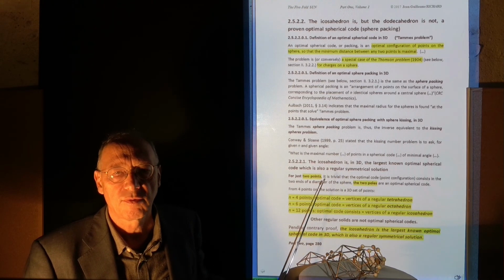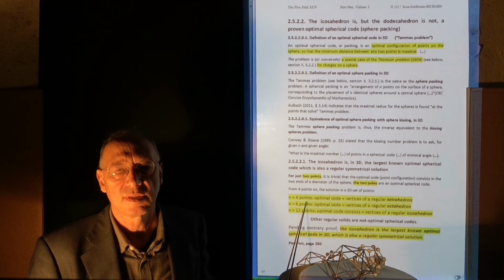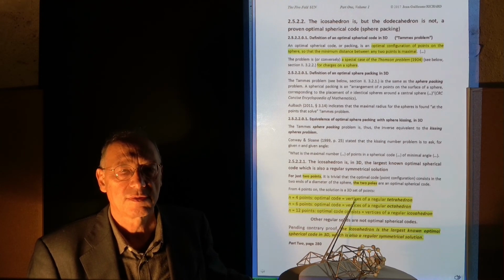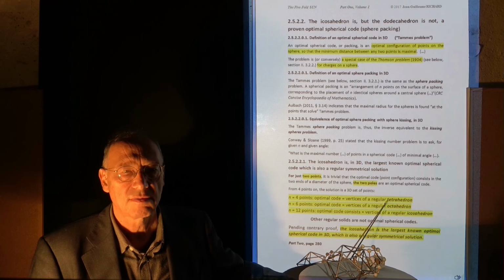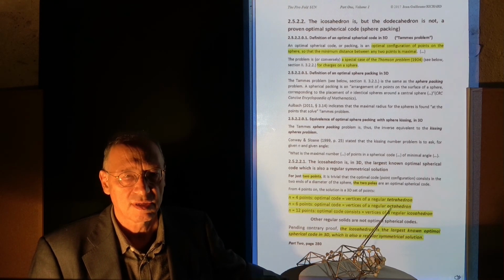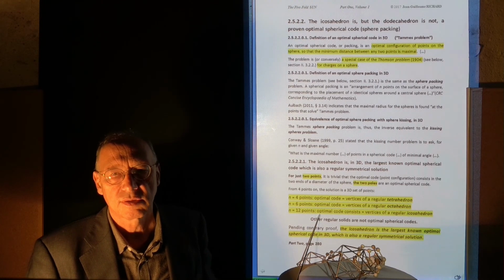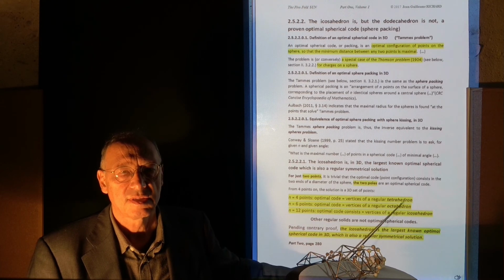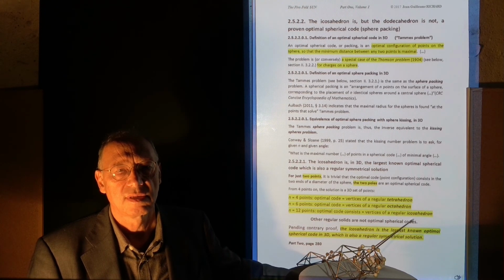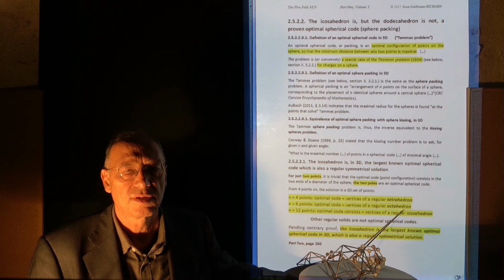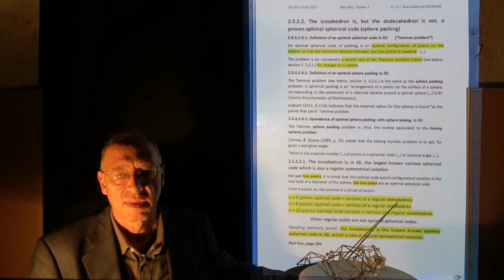So for 4 points on a sphere, it is proven that the optimal code corresponds to the vertices of the tetrahedron, for 6 points to the vertices of the octahedron, and for 12 points to the vertices of the icosahedron. Each of these three solids is a deltahedron, i.e. a solid the faces of which are all triangles.